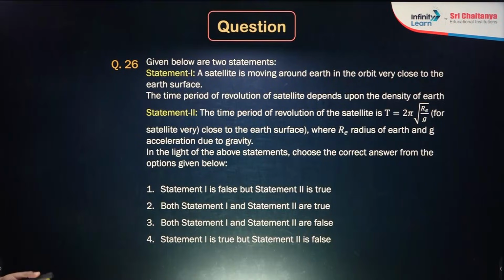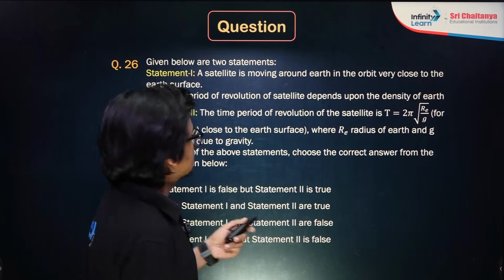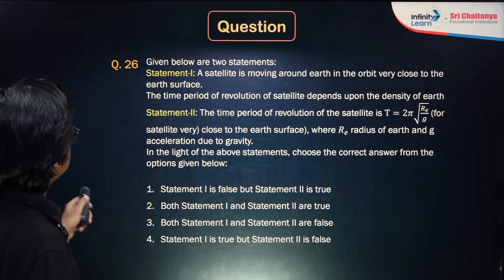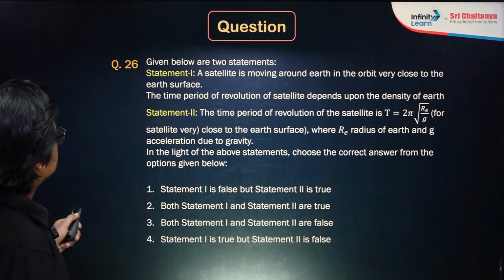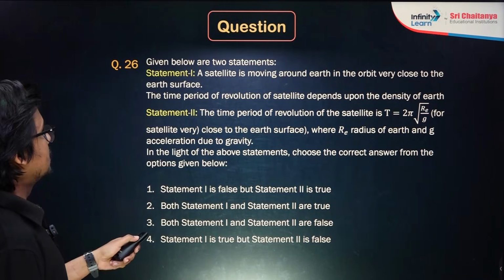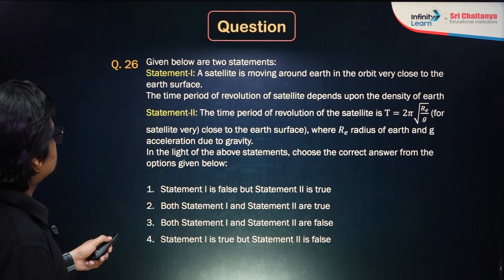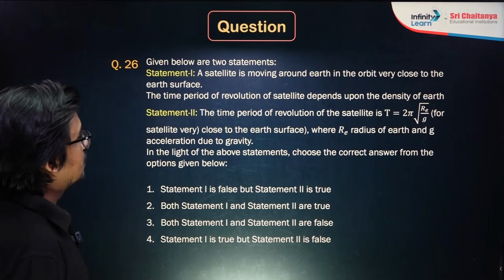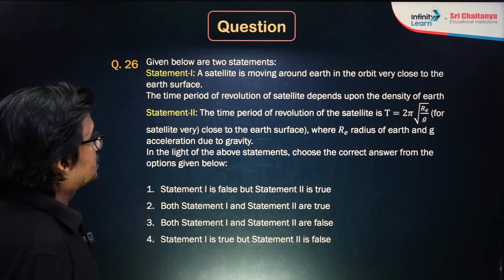Move to the very first question, and this is a statement based question. As you can see, given below are two statements. The first statement is: a satellite is moving around Earth in an orbit very close to the Earth's surface. The time period of revolution of the satellite depends upon the density of Earth.